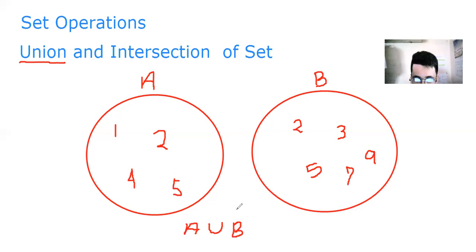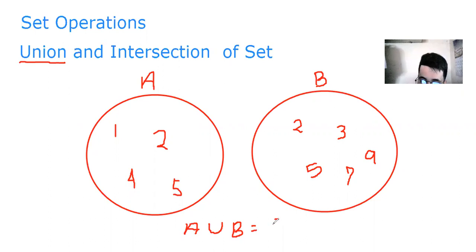Kapag nakita natin yung letter U na yon, iyon yung ating symbol para sa union. And then the union of set A and set B is written as A union B and read as A union B. It is the set of elements that belong to A or B or to both. Lahat ng elements sa A and lahat ng elements ng B magiging elements ni A union B.